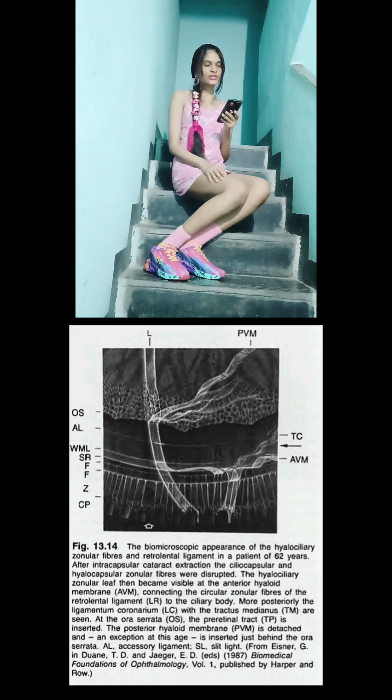More posteriorly, the ligamentum coronarium (LC) with the tractus medianus (TM) are seen at the ora serrata (OS). The preretinal tract (TP) is inserted. The posterior hyaloid membrane (PVM) is detached, and an exception at this age is inserted just behind the ora serrata. L for accessory ligament.